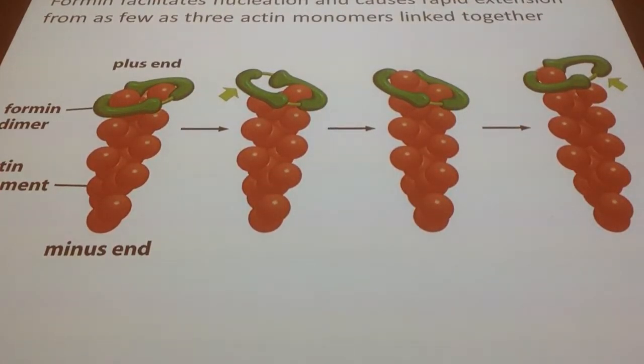No, but a few of them will aggregate spontaneously. And if you have an aggregation of a few, doesn't matter how many a few are, then formin can actually bind to that aggregate of microfilament.